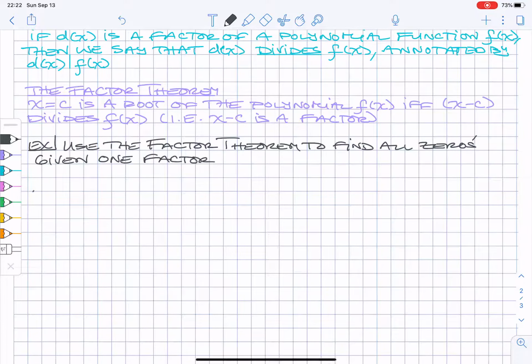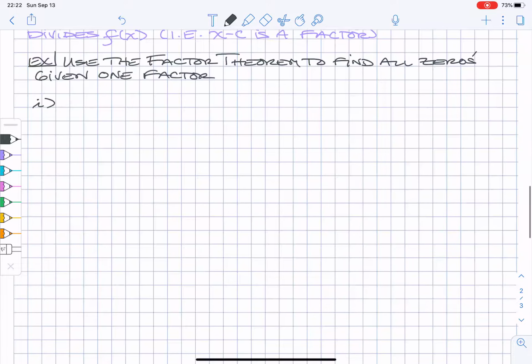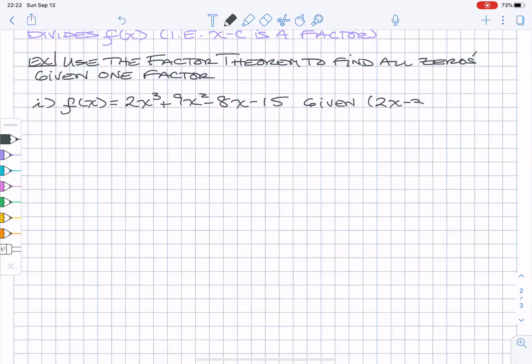So we want to find all. So let's say we have that f of x is equal to 2x cubed plus 9x squared minus 8x minus 15, given that 2x minus 3 divides f of x. That is, it's a factor.